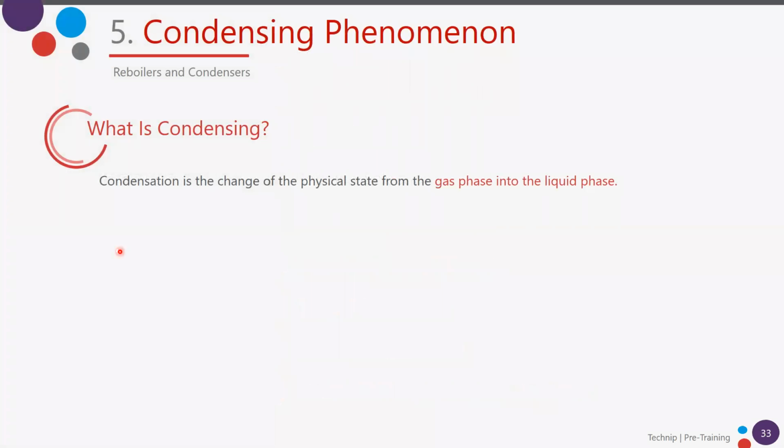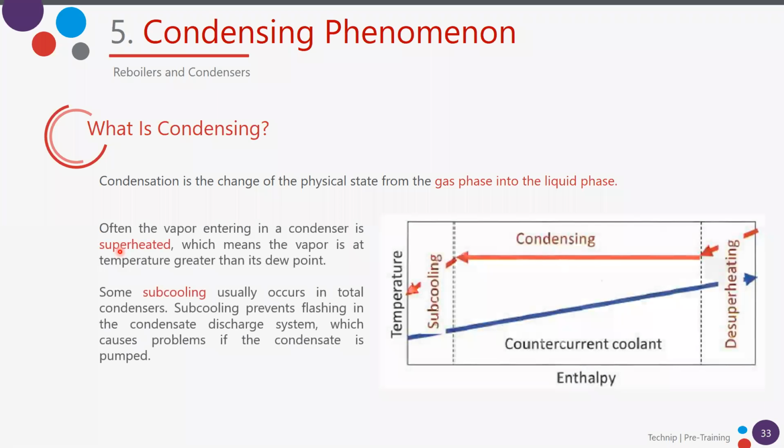So first, what is condensing? Condensation is the change of the physical state from the gas phase into the liquid phase. Often, the vapor entering a condenser is superheated, as you can see in this graph, where we have the enthalpy and the temperature. We have the fluid that we want to condense. It enters a bit superheated, which means the vapor is at a temperature greater than its dew point.